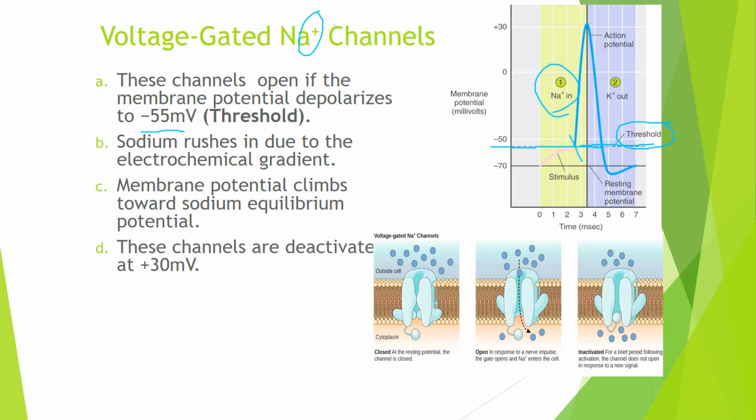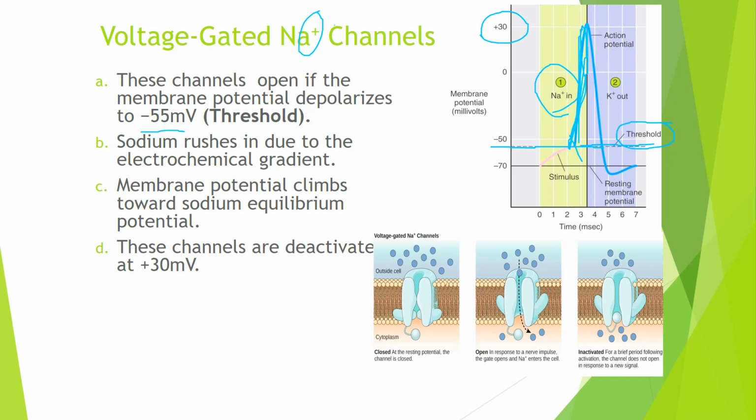Sodium, by means of diffusion, will enter the cell going from high concentrations outside the cell to low concentrations inside the cell. So the membrane is going to be flooded with these sodium ions, and that's going to keep depolarizing that cell. These channels, though, become deactivated at positive 30 millivolts. So they're going to shut down and not allow for any more sodium to come in.